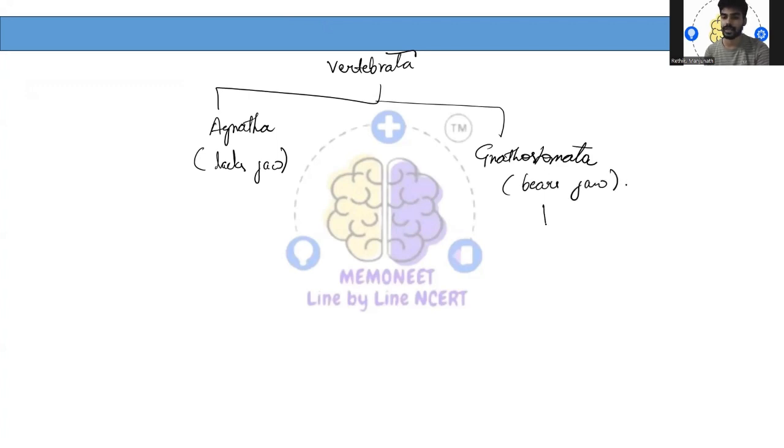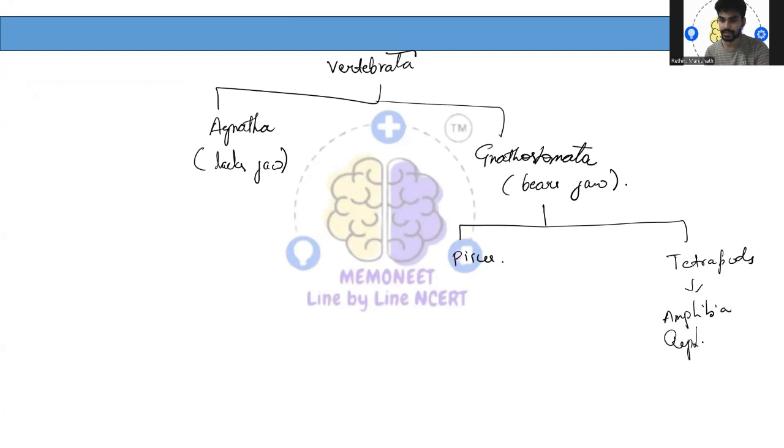And again, this Gnathostomata has been divided into superclasses. So what are those superclasses? First is Pisces or fishes, and another is tetrapods. Tetrapods are nothing but those that bear limbs, okay? Like you'll see classes such as amphibians, then reptiles, aves, and the last one is mammals.